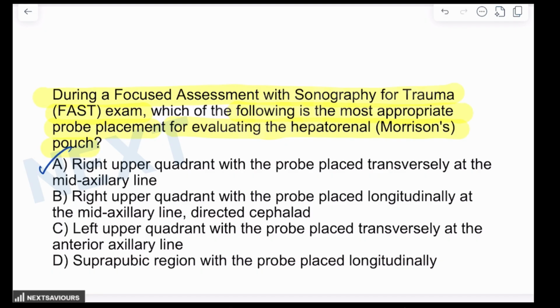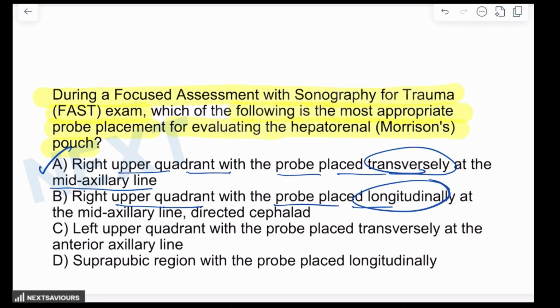Now, if you look at option number one, right upper quadrant with the probe placed transversely at the mid axillary line, it looks true. But if you look at option B, right upper quadrant with the probe placed longitudinally at the mid axillary line, directed cephalad, this is the correct answer for this question. Now, in order to further consolidate your answer, let's see other options.